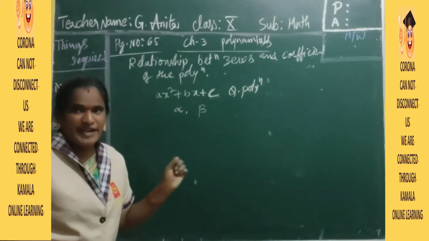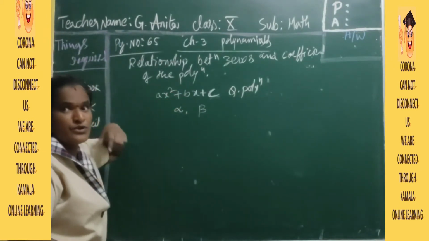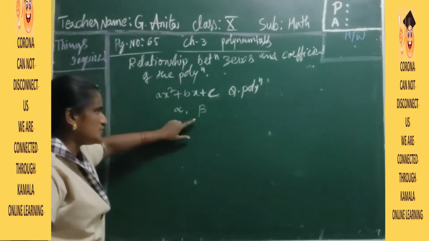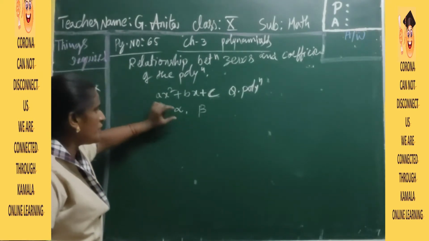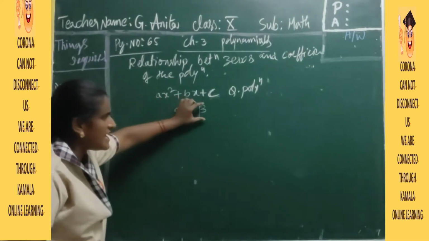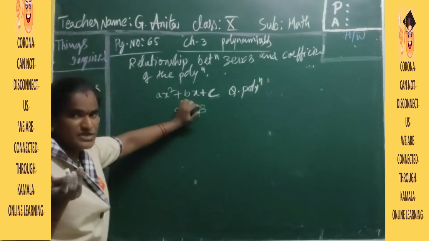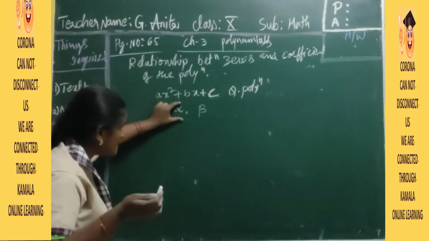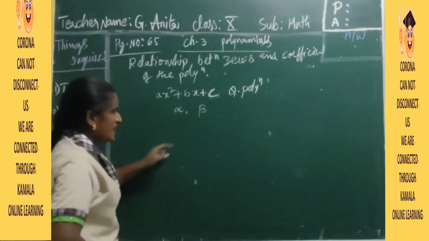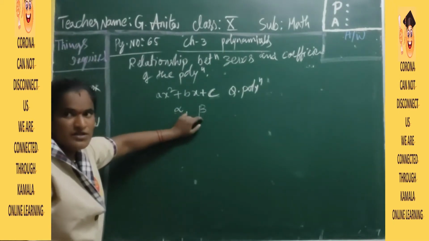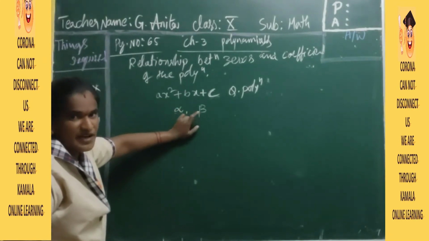These are Greek letters we use for finding the relation between zeros and coefficients. We pronounce these as alpha and beta. One more letter is there, we will use it afterwards. So, first zero as alpha, second zero as beta.